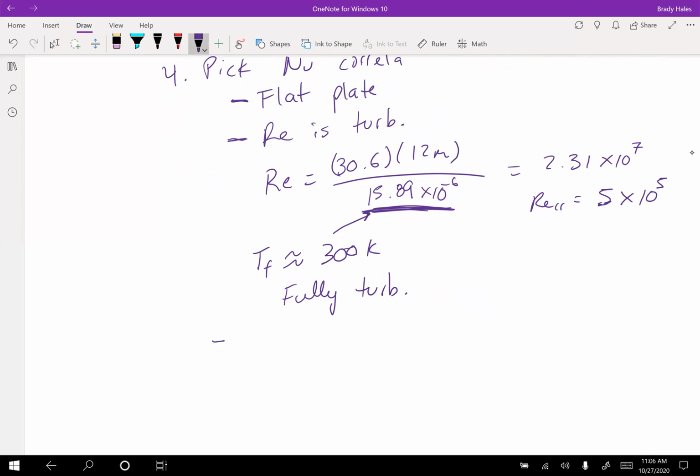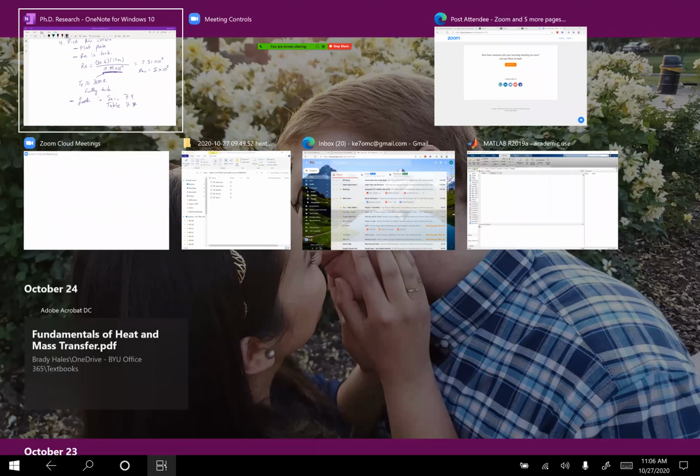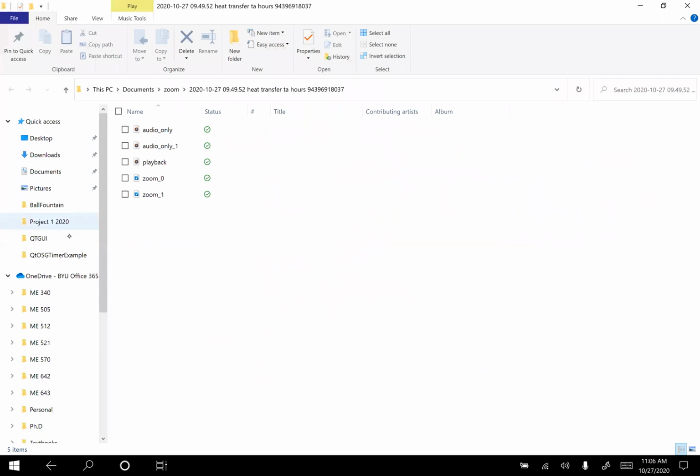Okay, so now I want you to go look in section 7.9, table 7.7. Let's see, I'm going to pull that up, or at least attempt to.